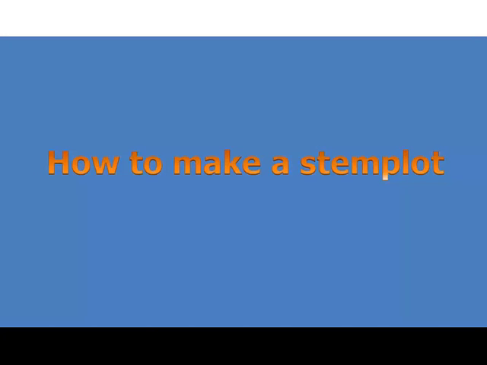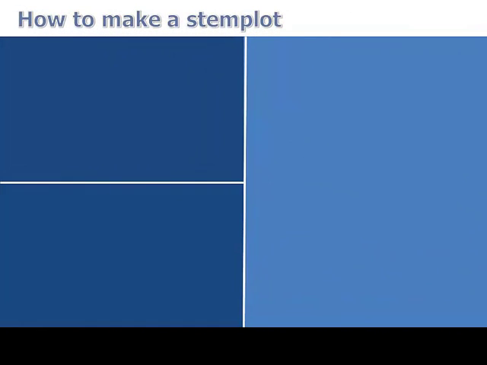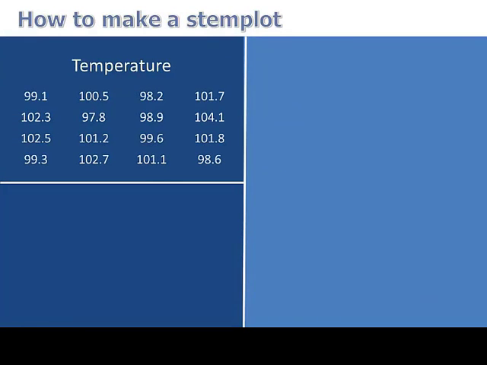Now, let's work through an example to show how to create a stemplot from raw data. For data, we're going to use the body temperature of 16 hospital patients. Creating a stemplot from these body temperatures is a 3-step process. Step 1.